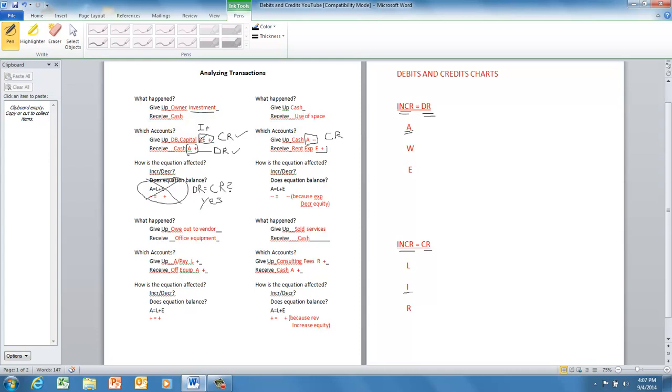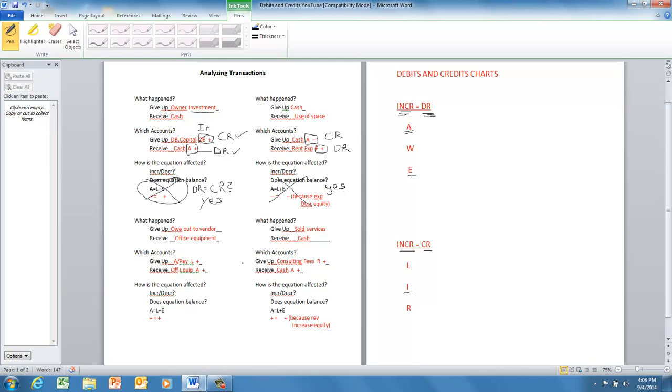Then I have an increase in expense. I look up expense. Do I have an increase? Yes, I do. So I will use debit. Okay, do my debits equal my credits? Yes. I have 1 debit and 1 credit.